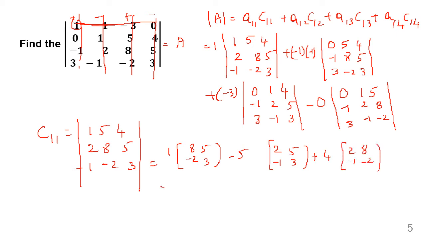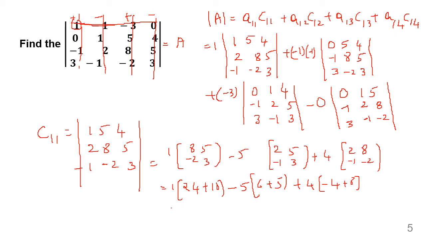So which will give 1 into 8 threes are 24, minus of minus, plus 10, minus 5 into 2 threes are 6, minus this value. So minus, again you have one more minus, so it is plus 5, plus 4 into 2 twos are 4, and it is minus 1 into 8, and it should be plus 8.